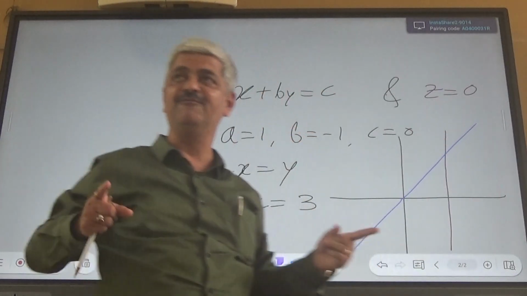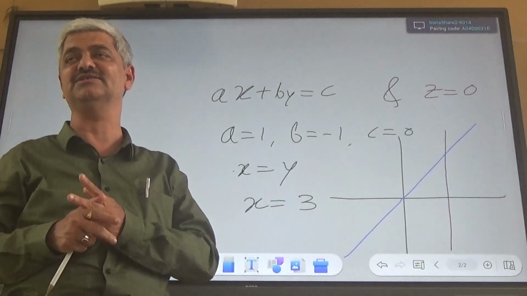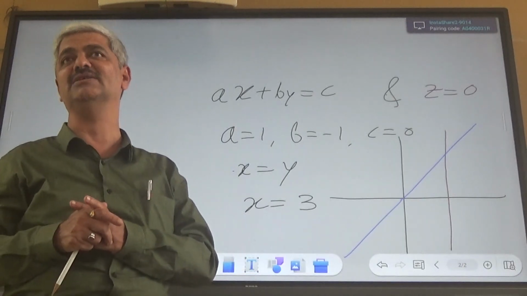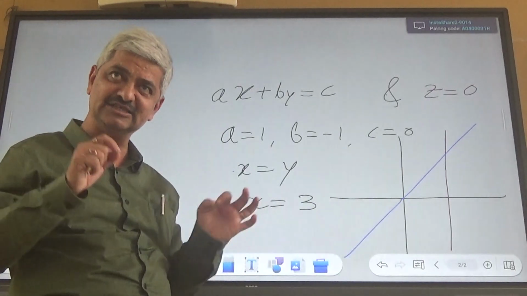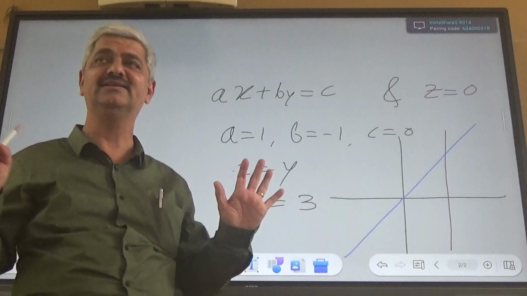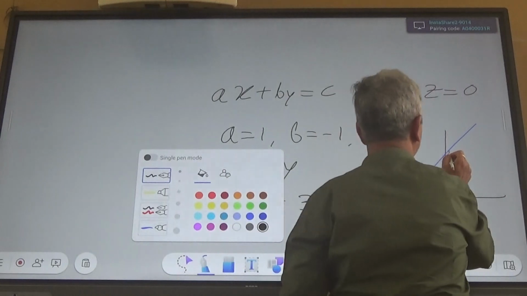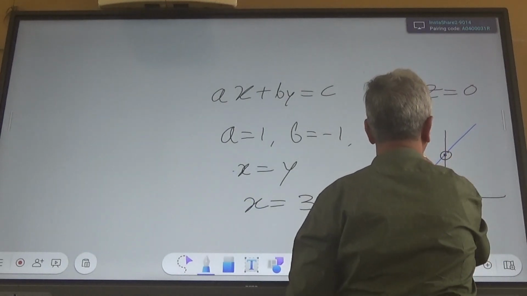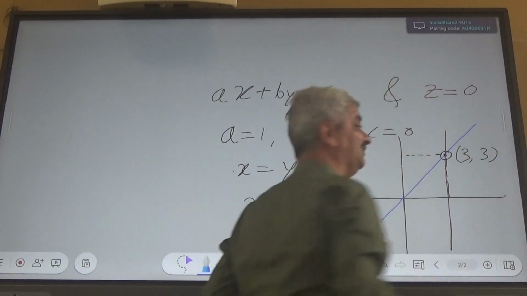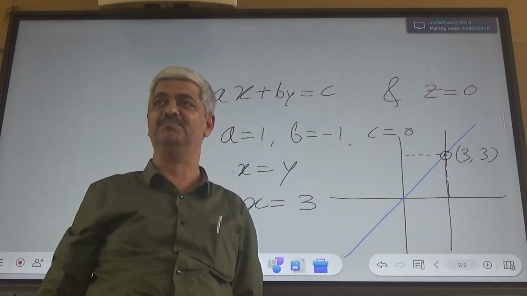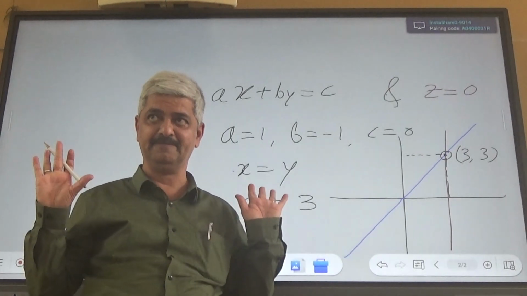Then, if both equations are to be simultaneously true, in that case they are satisfied by only one point, that is this one. Point 3 comma 3 is the solution of this. Is it okay? So this is a system of linear equations.